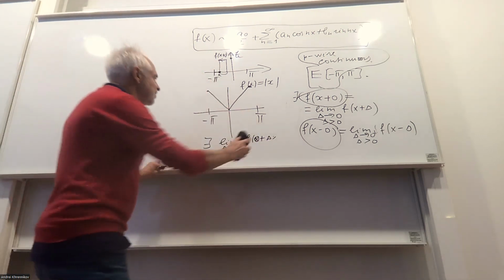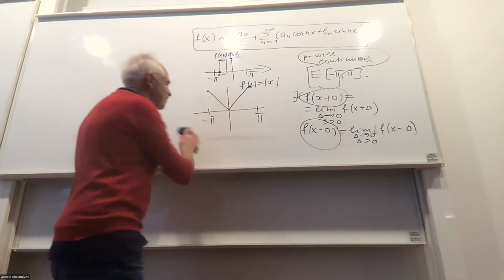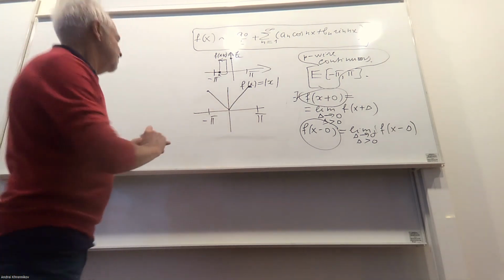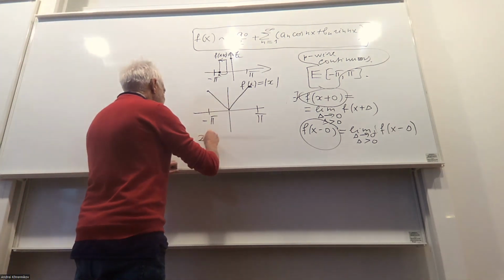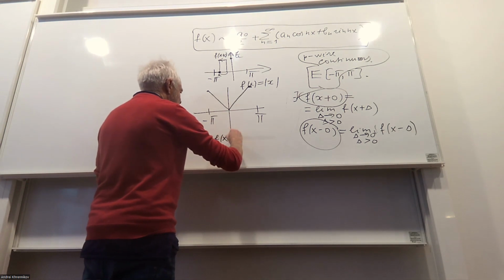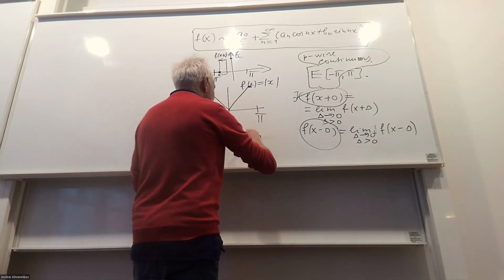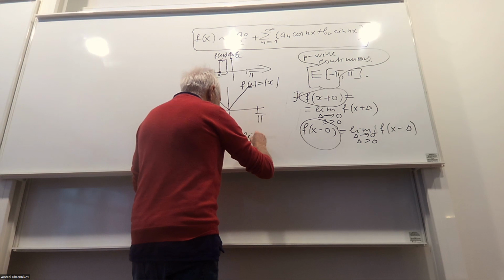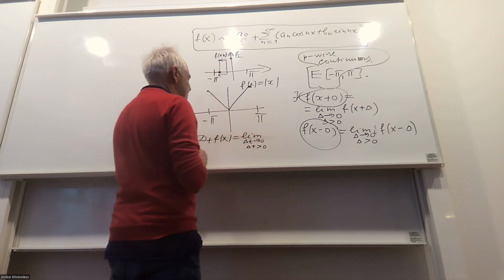Let us give the general definition. What is the left-hand side derivative and the right-hand side derivative? D plus f(x) is the limit where the only difference is that delta t goes to 0 and delta t is positive.